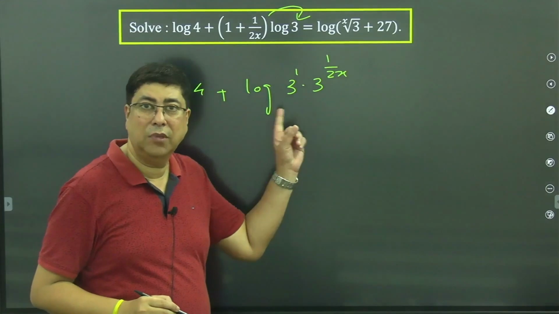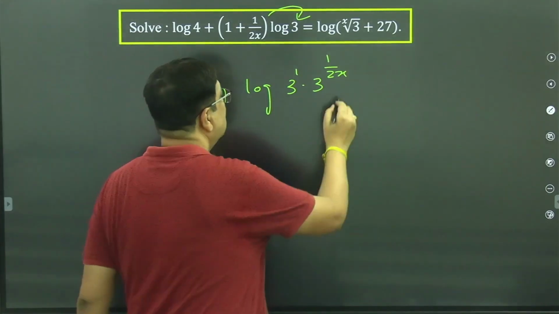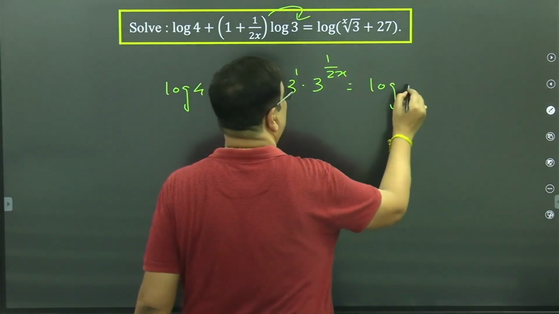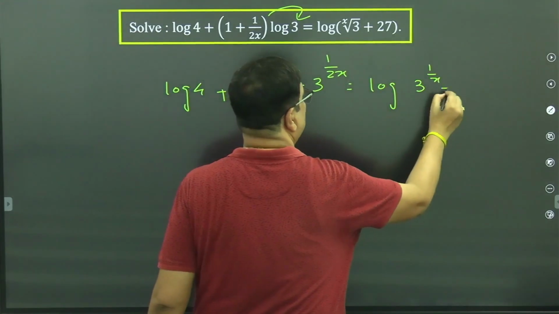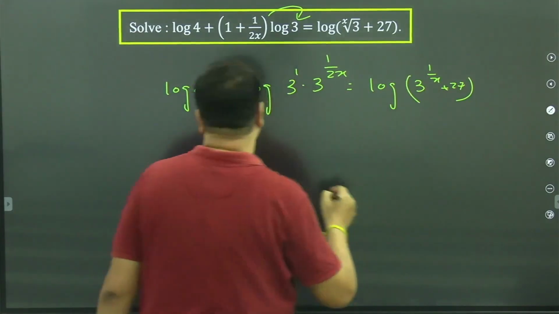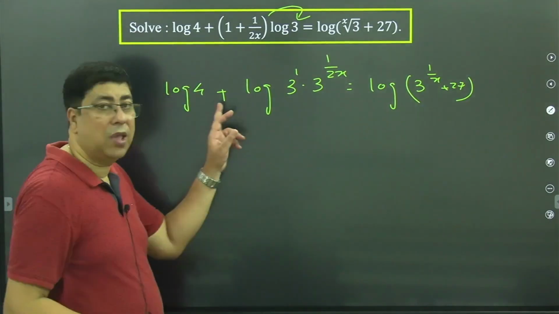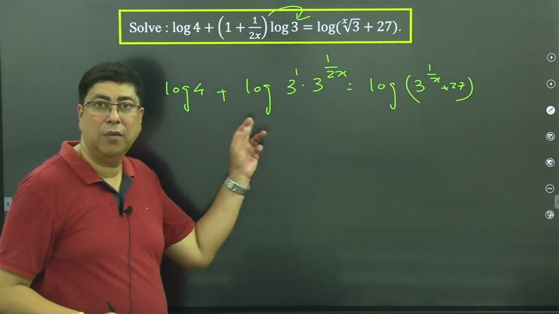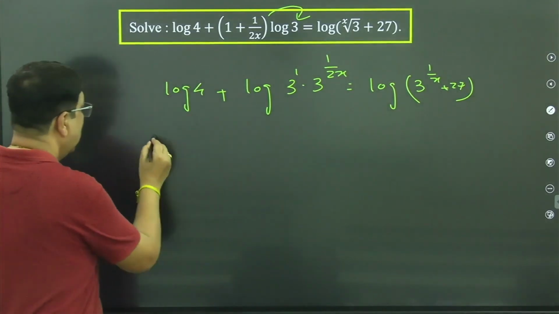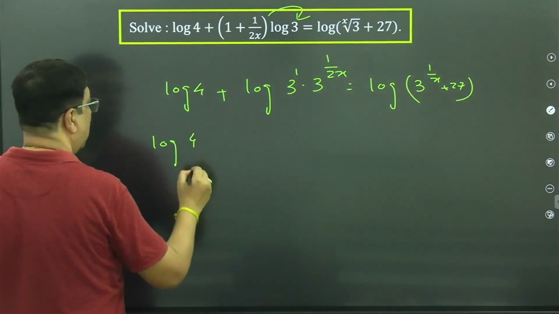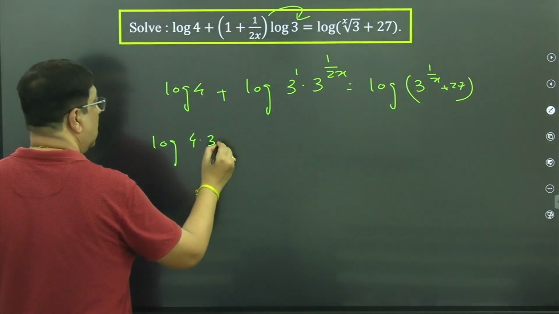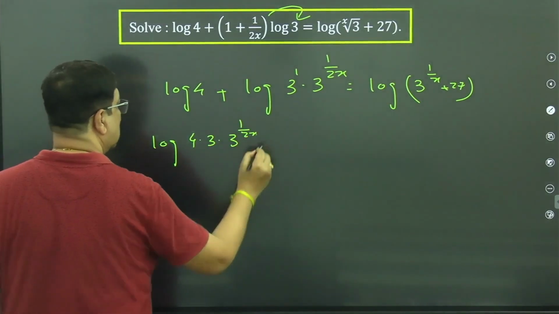That calculation I am using here. Okay, and in this case, log of 3 to the power 1 by x plus 27. So log m plus log n equal to log m into n. So I can write here log 4 into 3 into 3 to the power 1 by 2x.